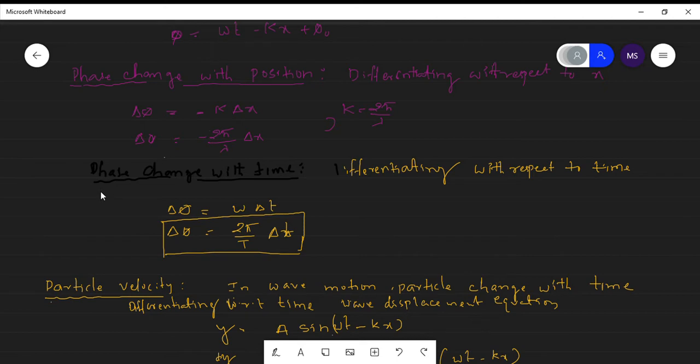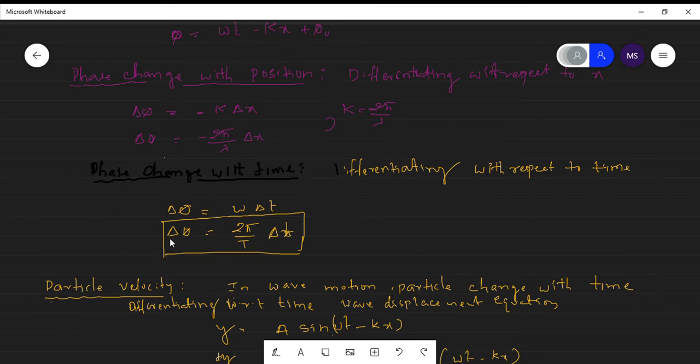Next, the phase varies with respect to time, so we differentiate this equation with respect to time. The remaining terms are constant: kx, where x is constant and k is also constant, and phi naught is constant. So the change in those constant values is equal to 0.